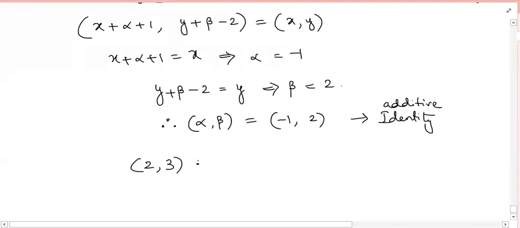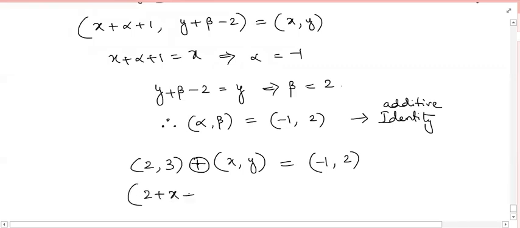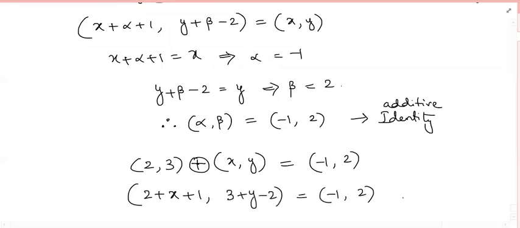Okay. So once you get the identity, now we will find the additive inverse of 2 comma 3. The additive inverse: 2 comma 3 plus x comma y should be the zero vector. What is the zero vector? Minus 1 comma 2. So now we use once again the vector addition formula given in the problem.